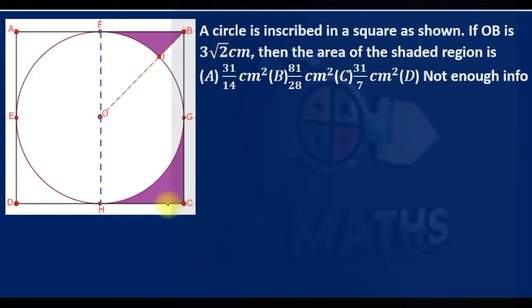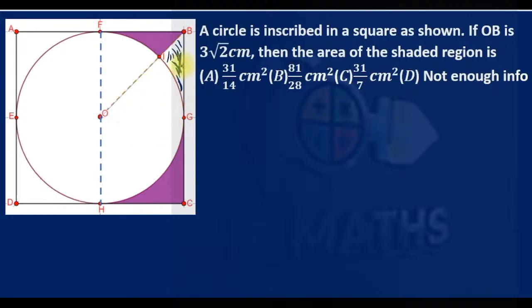Rectangle FBCH. And assuming this part of the region is shaded, you will notice that the area of the shaded region, that's here, here, and here, is the area of the rectangle minus the area of the semicircle.